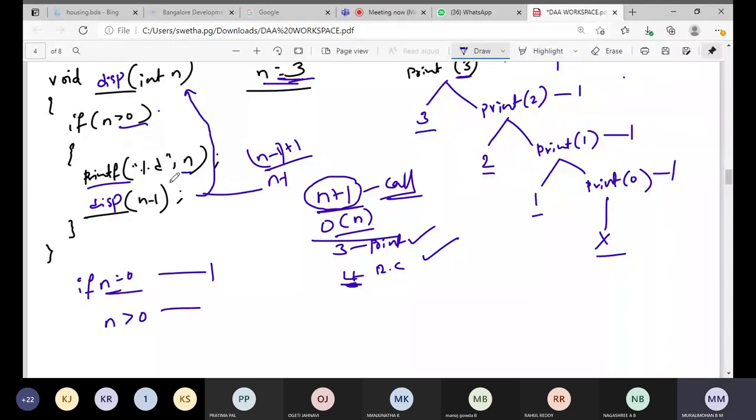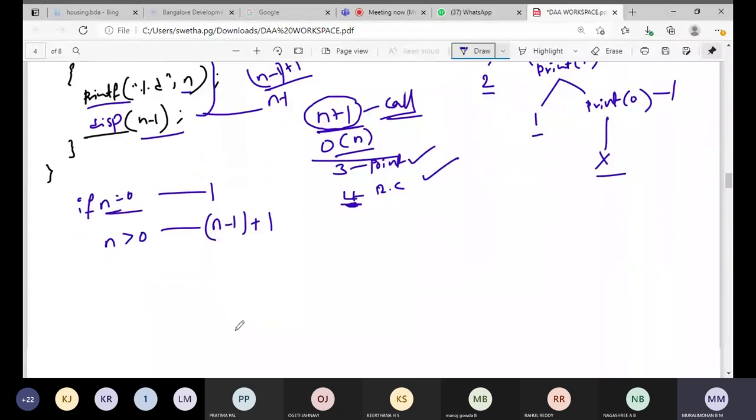So how many times is it executing if n is greater than 0? It will call n minus 1 times plus 1.